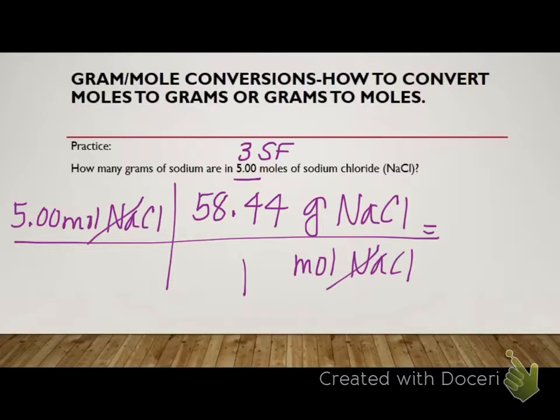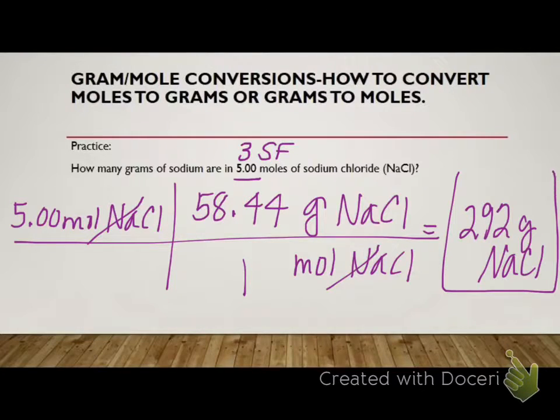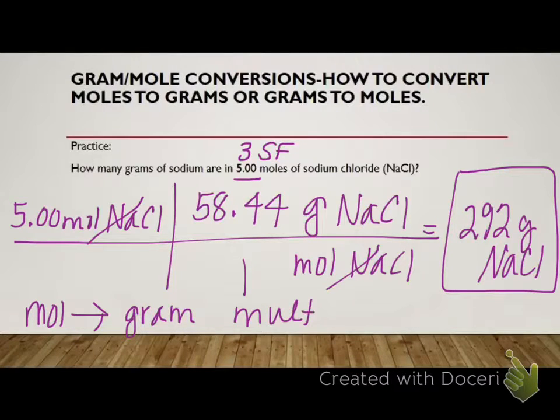And I need 3 significant figures, and so that should, hopefully if you're doing it correctly, get 292 grams of sodium chloride. Did y'all get that? We did. Awesome. So if we're going moles to grams, we're going to multiply by the molar mass.